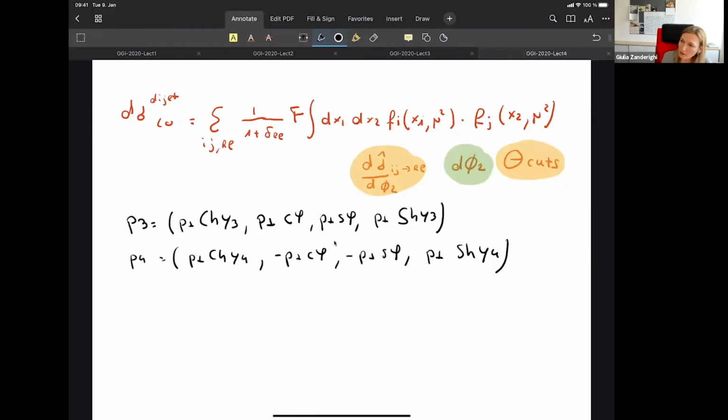Now what you can check, again, it's a trivial exercise, is that the pT and the rapidities of the particles are directly related to the variables x1 and x2 by essentially these relations, and x2 is pT over square root s.